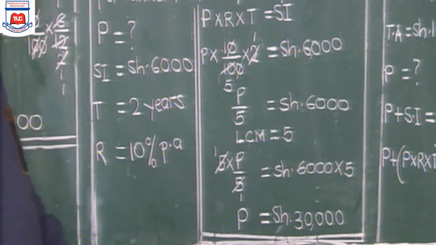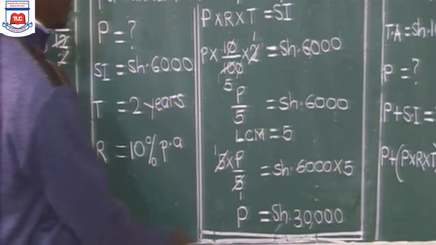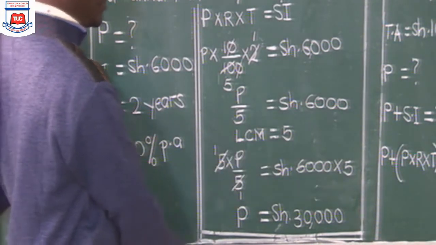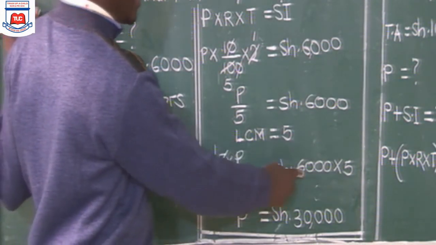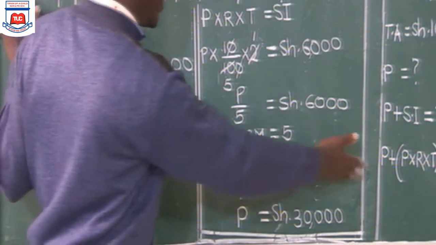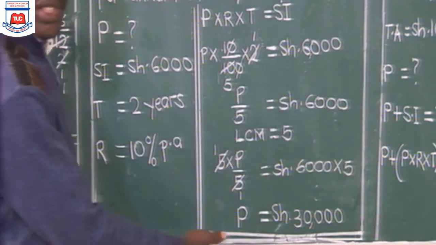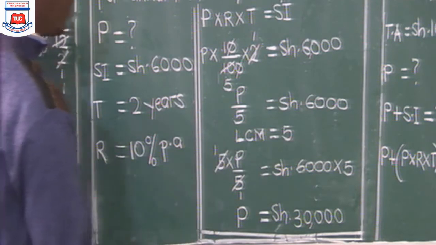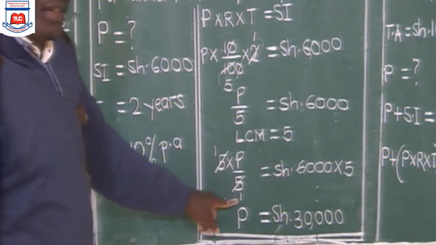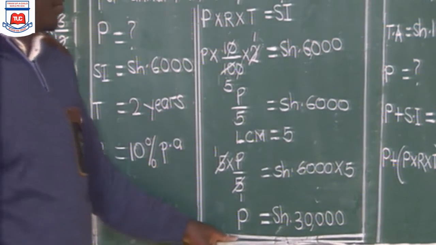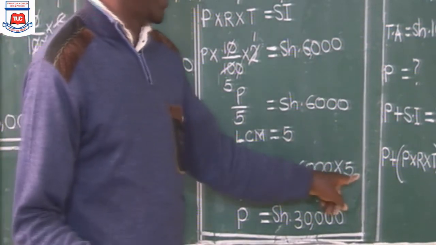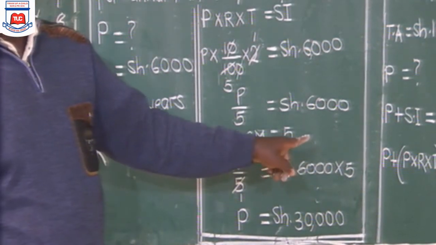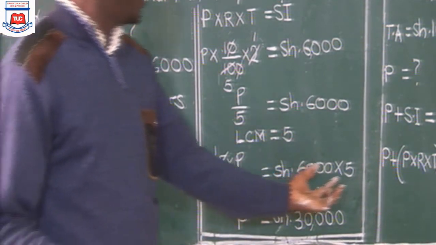The next step is elimination by multiplication. We say 5 times P out of 5 equals that 6,000 shillings found this side times 5. And now eliminate. We say 5 divided by 5 is once. 5 divided by 5 again once. You remain with the P, which means the principal. So I've got 6 times 5, which is 30.